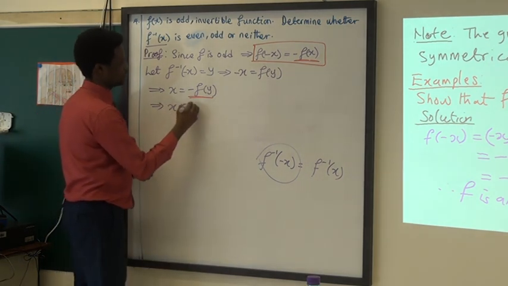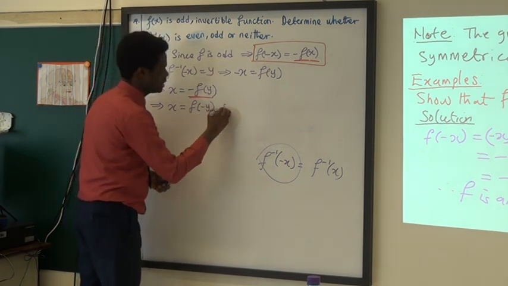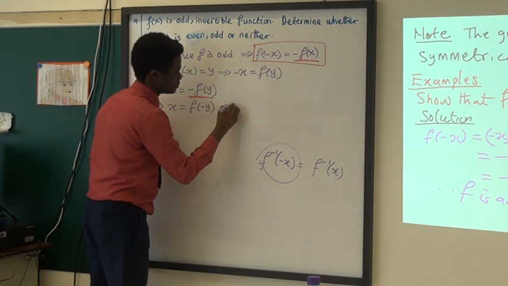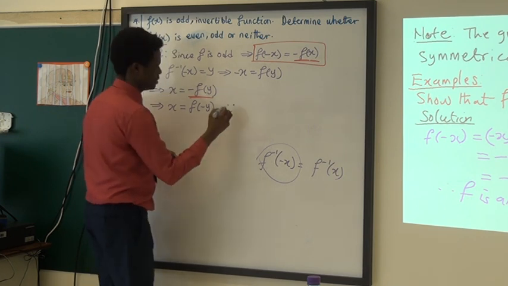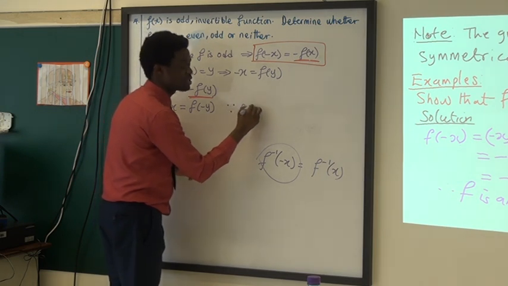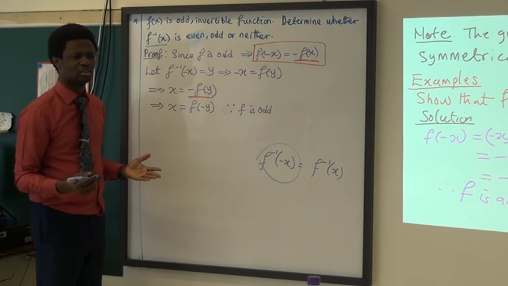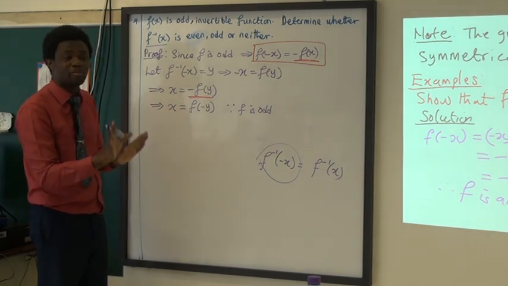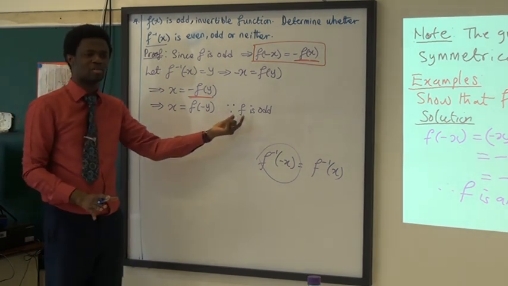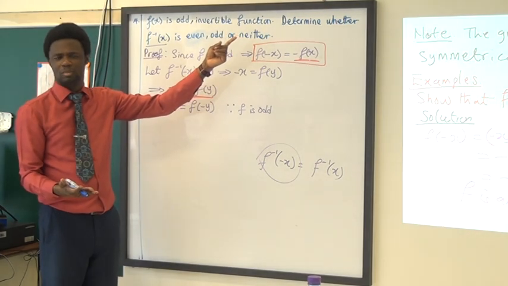X is equal to f of negative y. What is the reason? Since f is an odd function. Remember, your target is about f inverse, but you came across a property of f itself, which is already given.